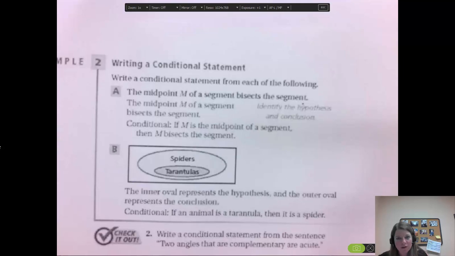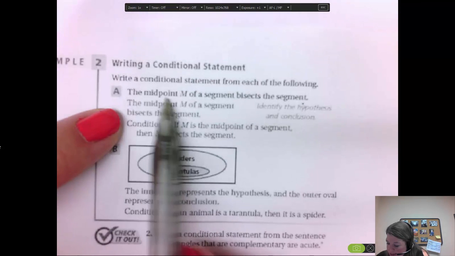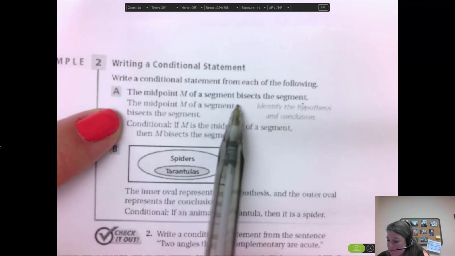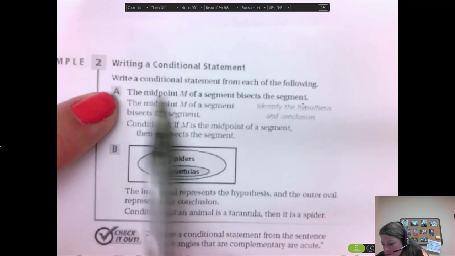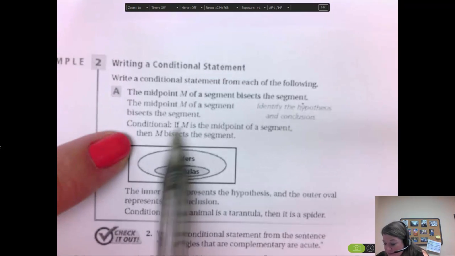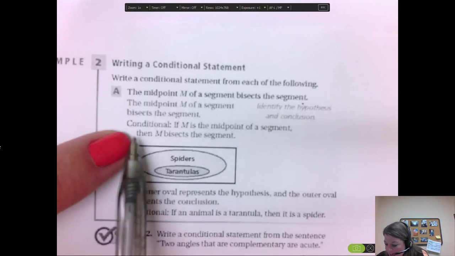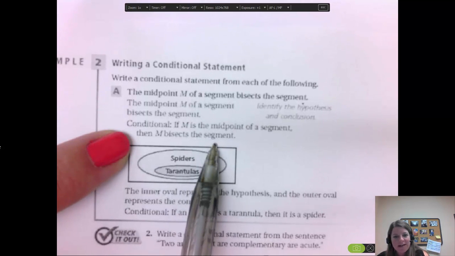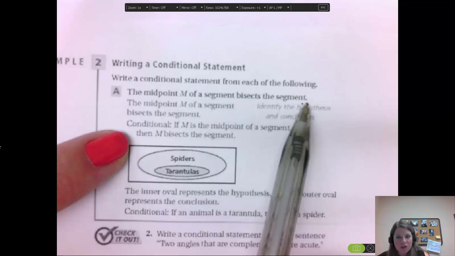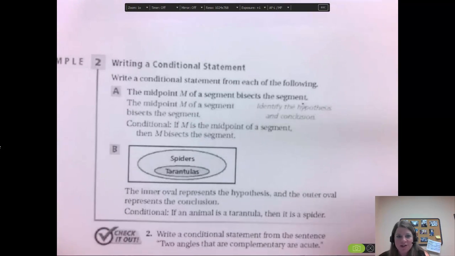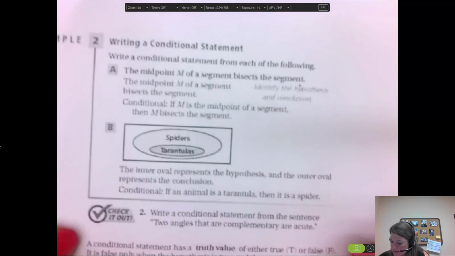What is the conclusion? And how can I write the conditional statement? Well, you're saying the midpoint M of the segment bisects the segment. So the hypothesis is your first part. If M is the midpoint of the segment, then M bisects the segment is one way to write it. So you have to come up with the hypothesis and the conclusion and how to write it to make sense as your conditional statement.